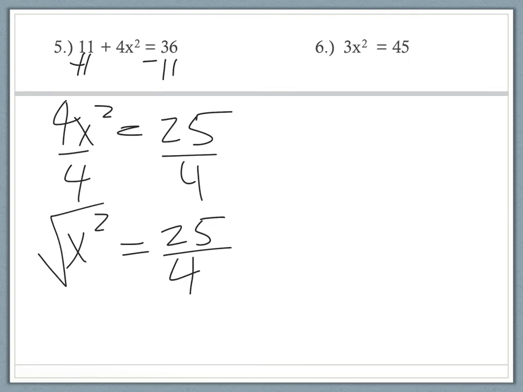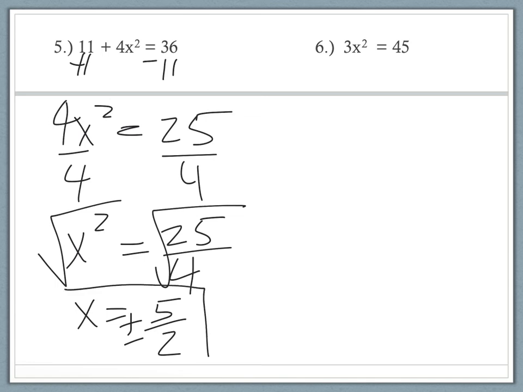So when I square root both sides, x is going to equal, well, the square root of 25 is 5. The square root of 4 is 2. So my answer is just plus or minus 5 over 2. So it's okay with fractions. We're just going to square root the top and square root the bottom, and then just leave our plus or minus sign. All right, we're almost done.